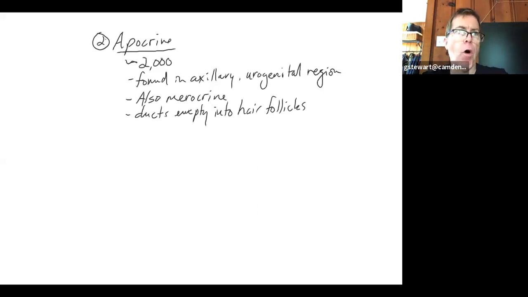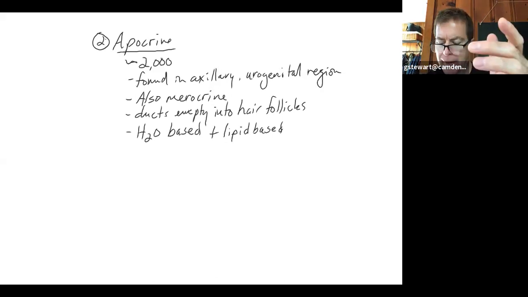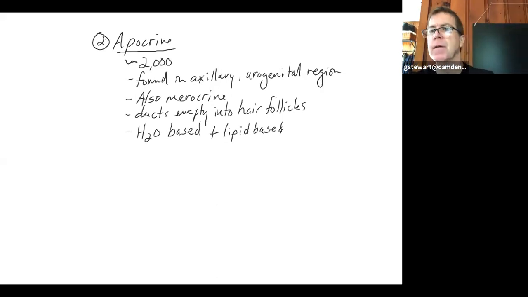It's the same watery fluid, so it is a water-based fluid as the eccrine glands, I'm just going to write water-based, but there's an extra important ingredient. So plus, it has the water-based sweat plus a lipid-based and protein-based substance.